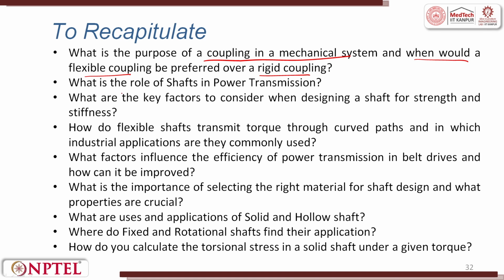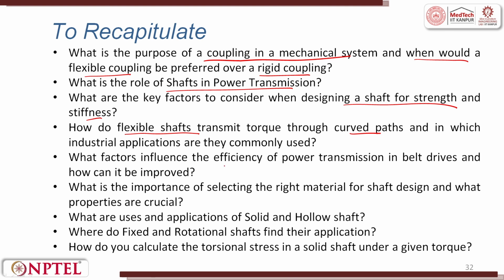What is the role of shafts in power transmission? What are the key factors to consider when designing a shaft for strength and stiffness? How do flexible shafts transmit torque through curved paths? And in which industrial application they are commonly used? Curved paths could be, as I talked about, the applications in automobile or so. You can answer those applications specifically where those are used.